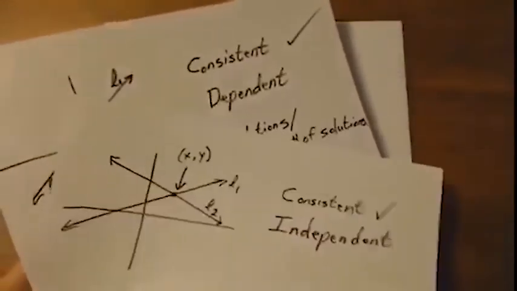So we're going to come back to these vocab words. We're going to use them: consistent, inconsistent, dependent, independent, throughout this lesson. Keep that within reach. Now, graphically is no way to solve every equation.